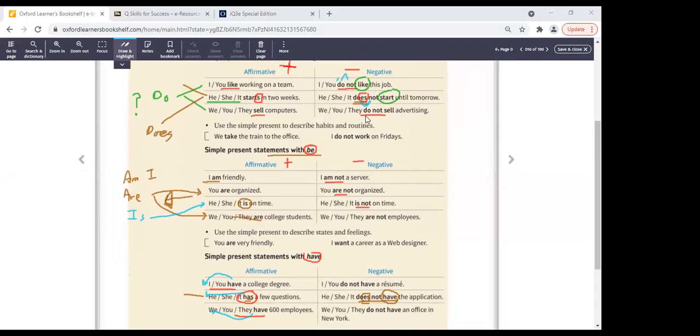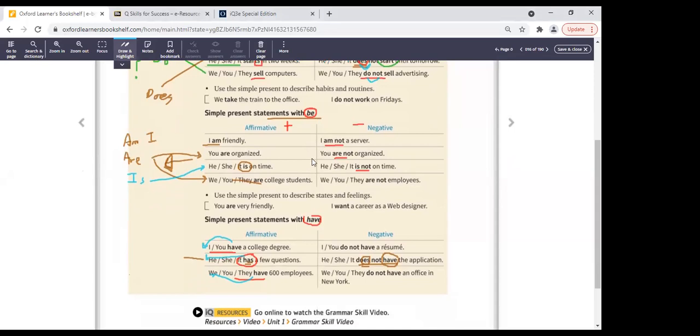Okay, and you, we, they, same again. Do not, don't. What about with this? How can we contract this one? I am not. Abdullah Al-Dhufairi: I'm not.